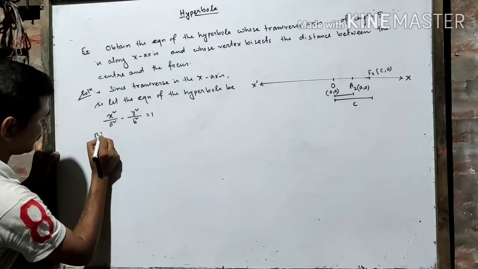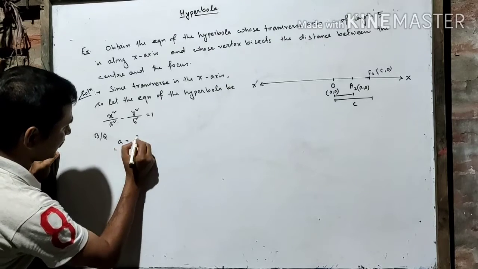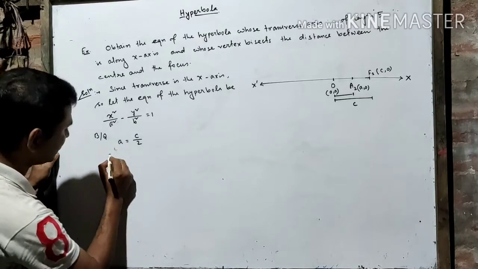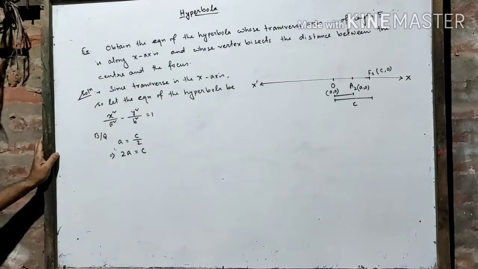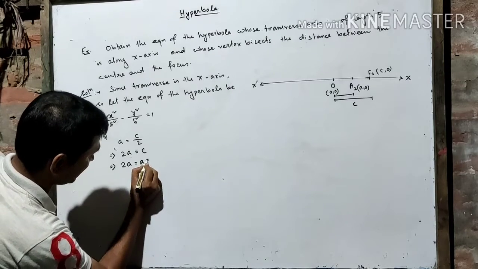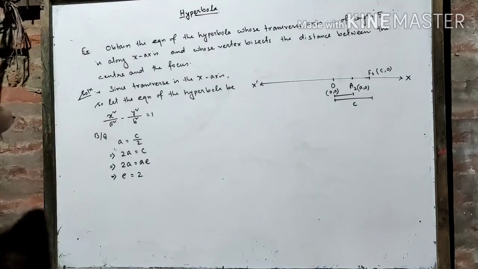By question, a is equal to c by 2. This implies twice a is equal to c. And what is c? c is ae. This implies e is equal to 2.